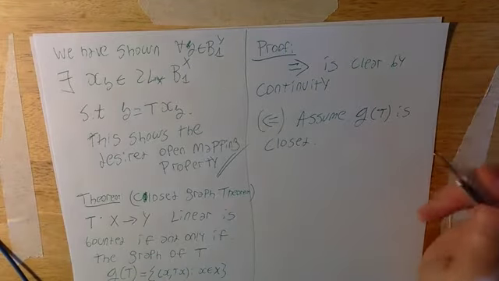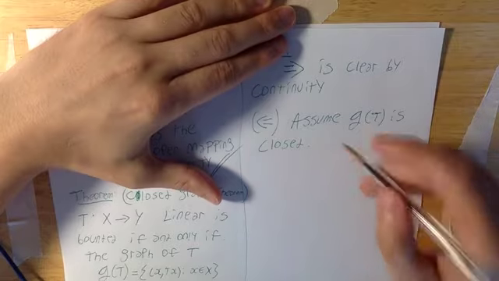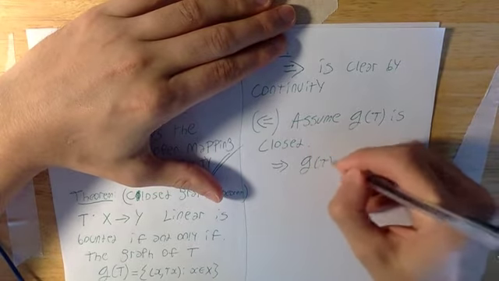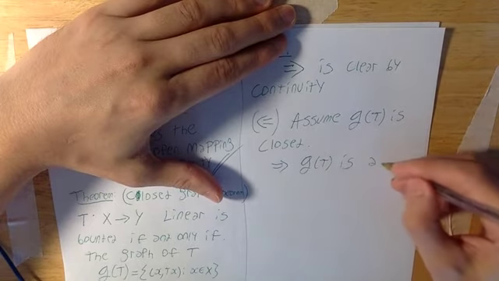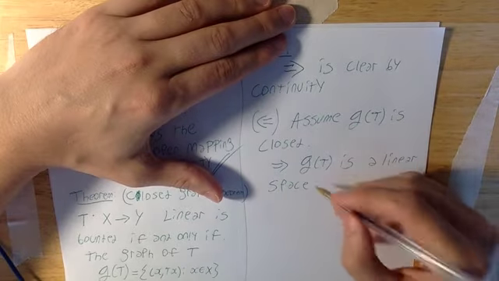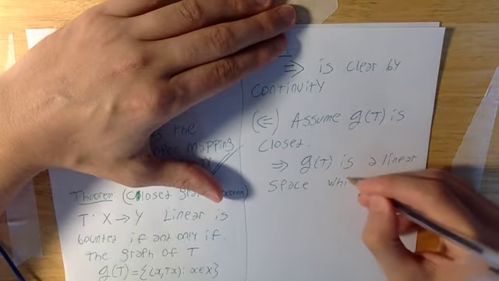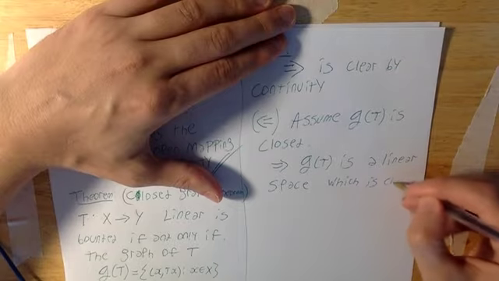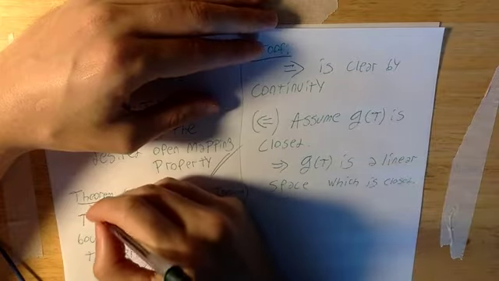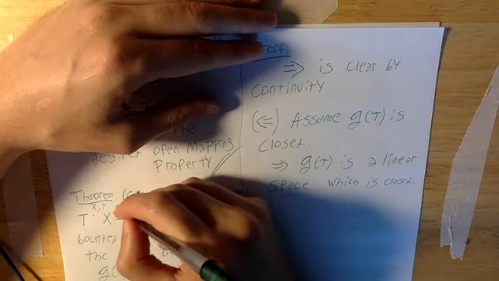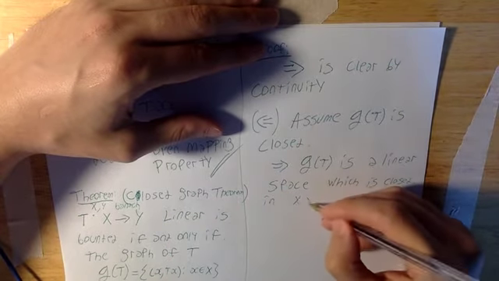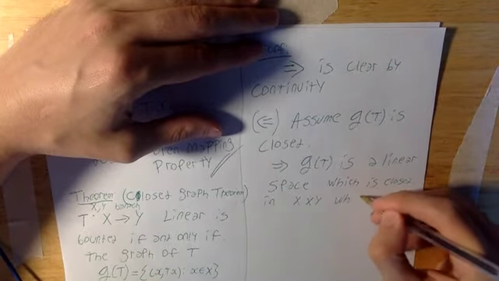Then G of T is a linear space which is closed. These X and Y are Banach, so G of T is closed in X cross Y, which is also a Banach space.